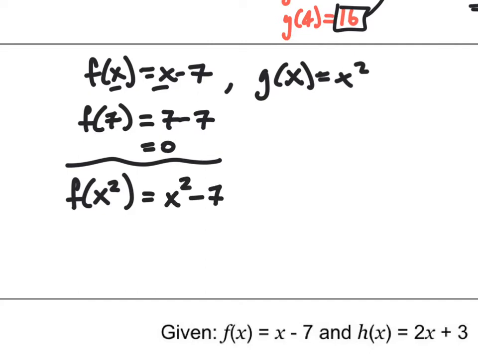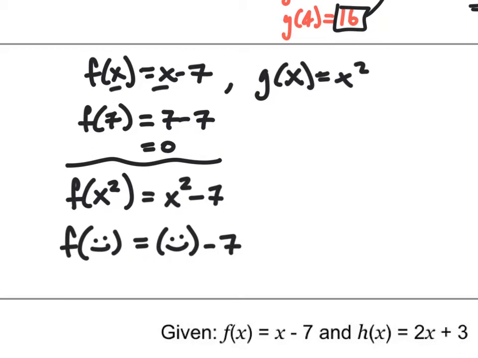All right, and think of it like this. What would you do if you had, say, f of smiley face? Then you would plug smiley face in for x, and then minus 7, and that's all you're doing. Hopefully you see that, and that's part of working with functions: just reading it and knowing what it says.